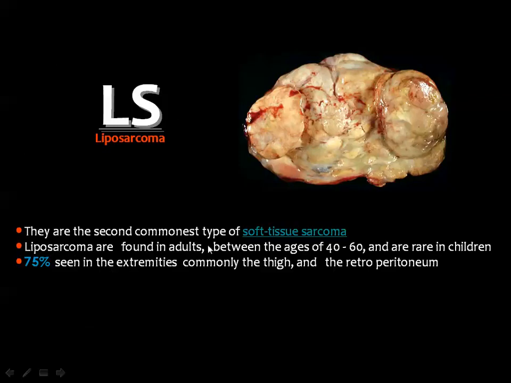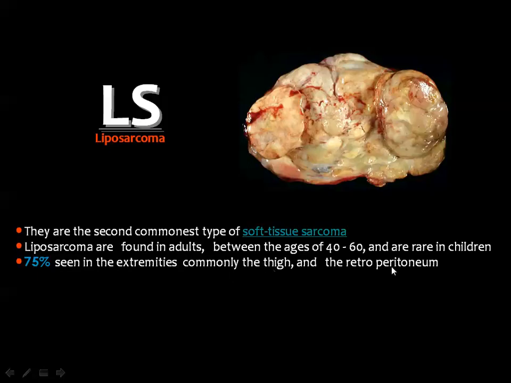Then we come to the malignant component of this group of fatty lesions, which is the liposarcoma. Liposarcoma is considered the second commonest type of soft tissue sarcoma. Liposarcomas are found in adults between the ages of 40 and 60 years, and they are rare in children. 70% are seen in the extremities, commonly the thigh, and the retroperitoneum.